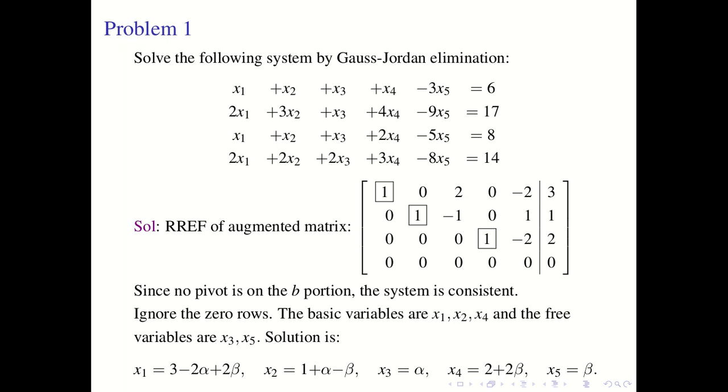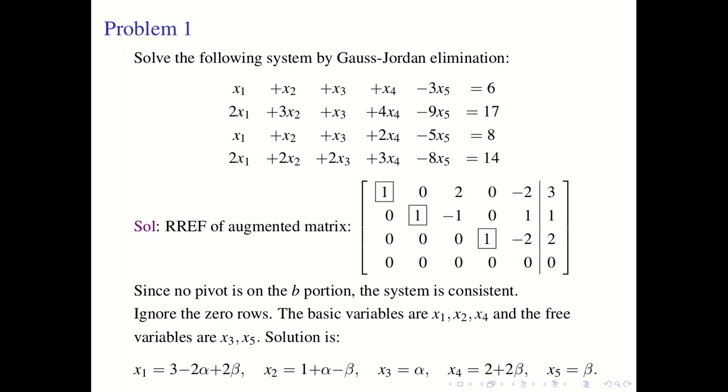So you get x5, put x5 equal to beta, then x4 is 2 plus 2 beta, and then x3 is alpha, x2 is 1 plus alpha minus beta, and x1 is 3 minus 2 alpha plus 2 beta.